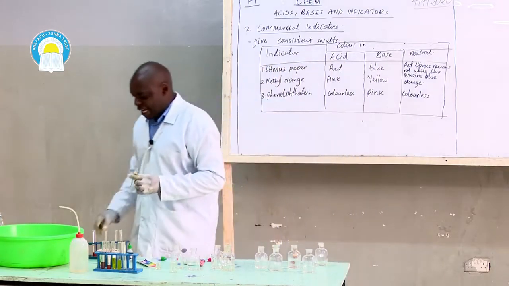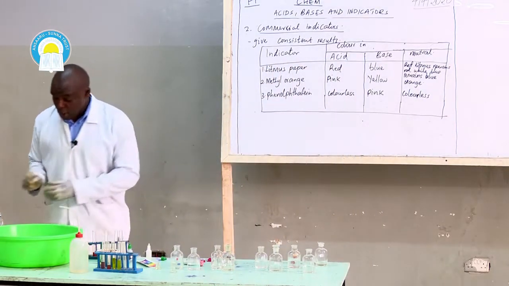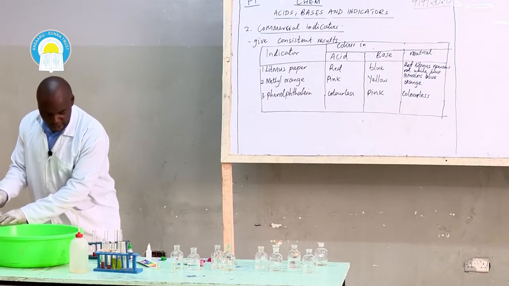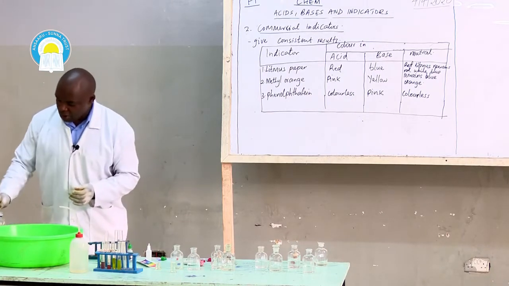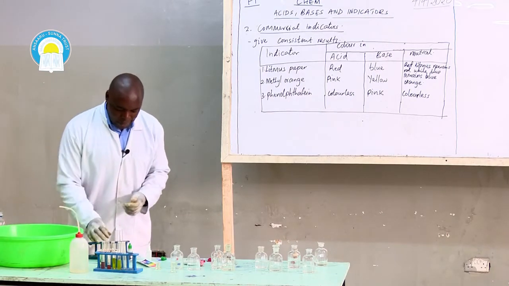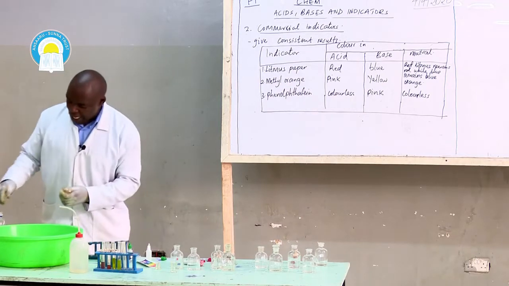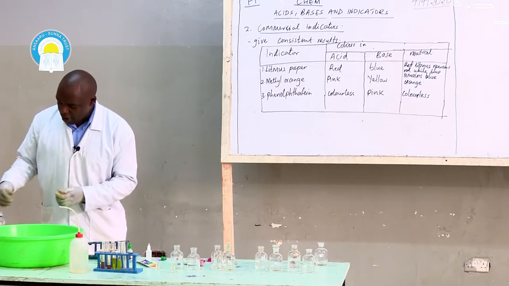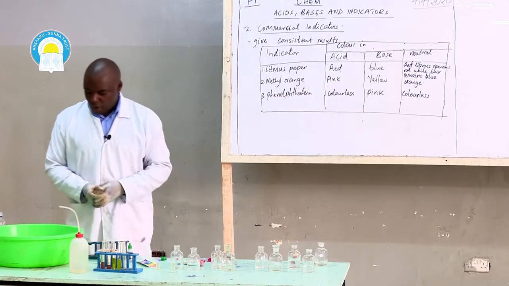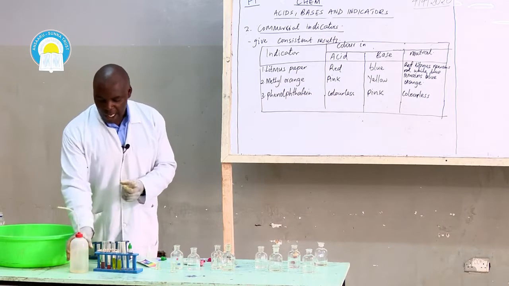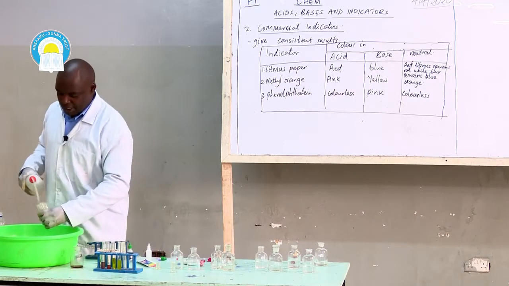So those are the colors that the commercial indicators will show, in acid, base, and neutral substances. But you see here, all the acids will show a similar color. All the bases will show a similar color with those commercial indicators we have seen.